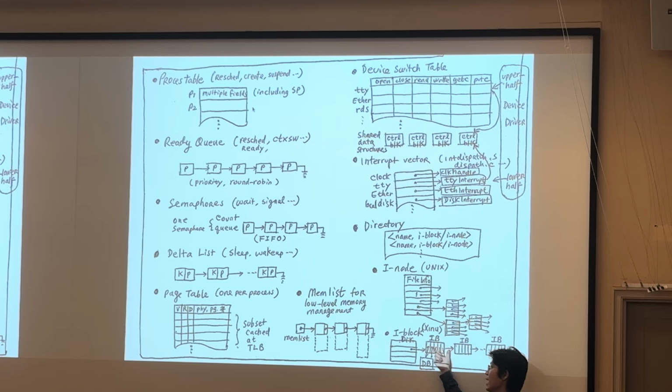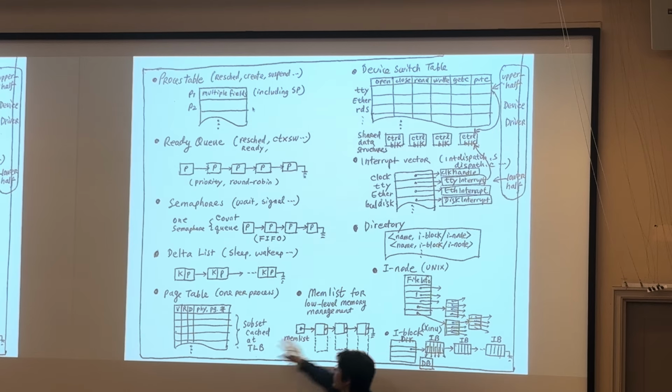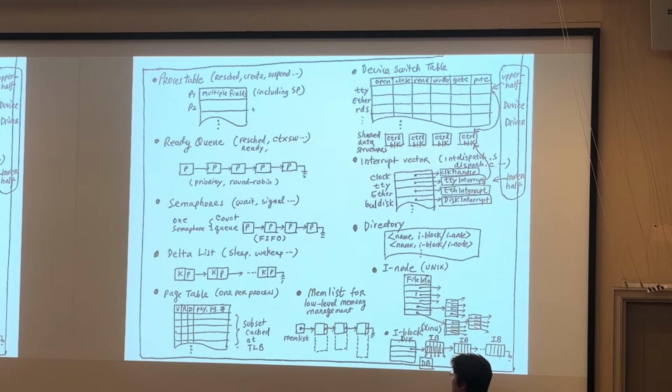And these I blocks are linked in a next list. So this is how Xinu does it. The inode and the page table are how other modern OSes do it. This memory list, the I block, is how Xinu does it.